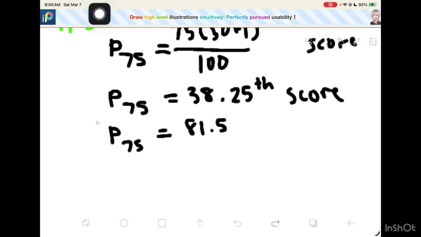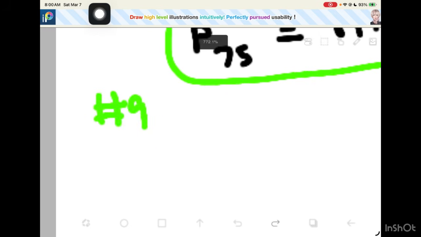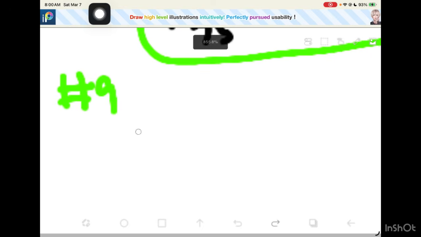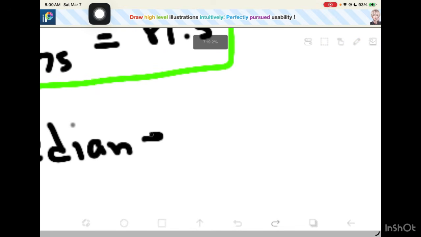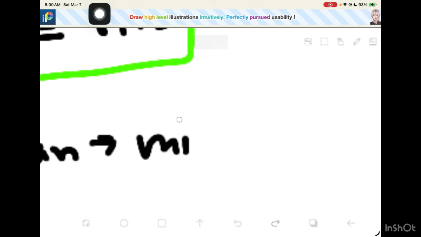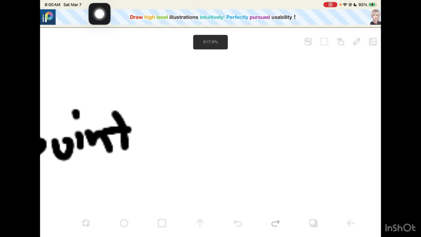So there we go. Next, number 9 is interpretation. So median, you can treat it as like the midpoint of the data. So this is where the cutoff between the upper half and lower half.